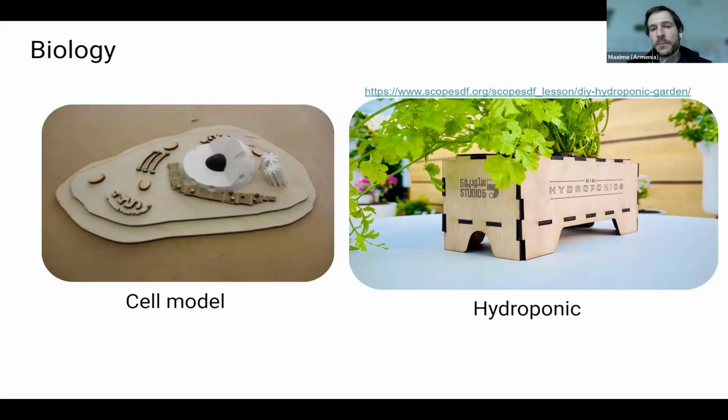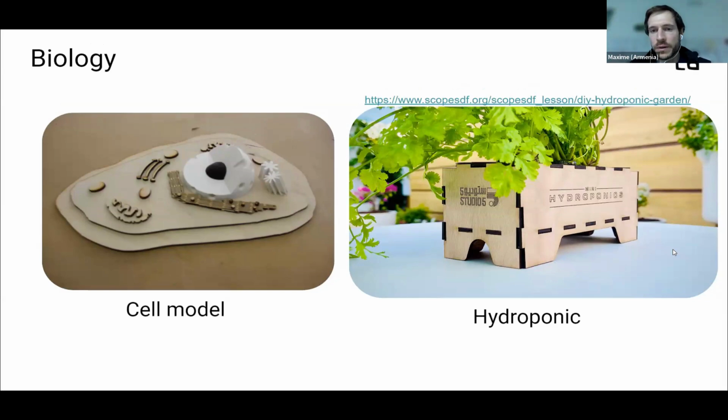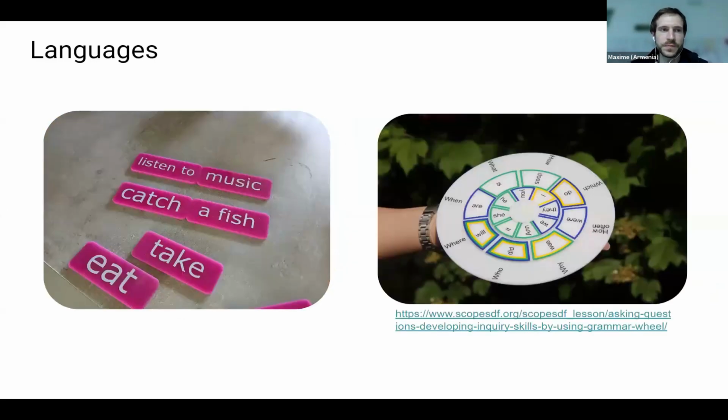You can also have your students create, for example, hydroponic systems with the laser cutter, and learn how to grow plants, aeroponics, hydroponics, etc. The lesson plan for this project is available on ScopesDF, so if you want to take a look, it's already available.